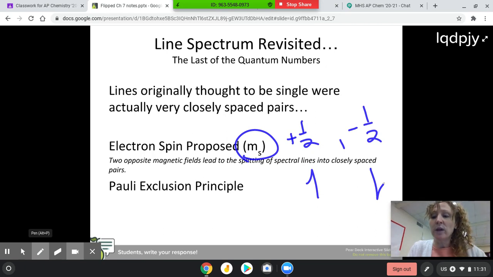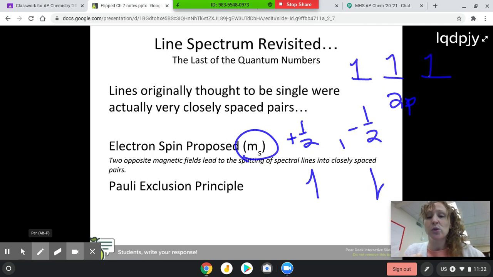So when we put electrons into orbitals, like let's say we're talking about the 2p orbitals, electrons can spin up, up, up. As soon as you go to pair an electron into an orbital, the second electron must spin down.